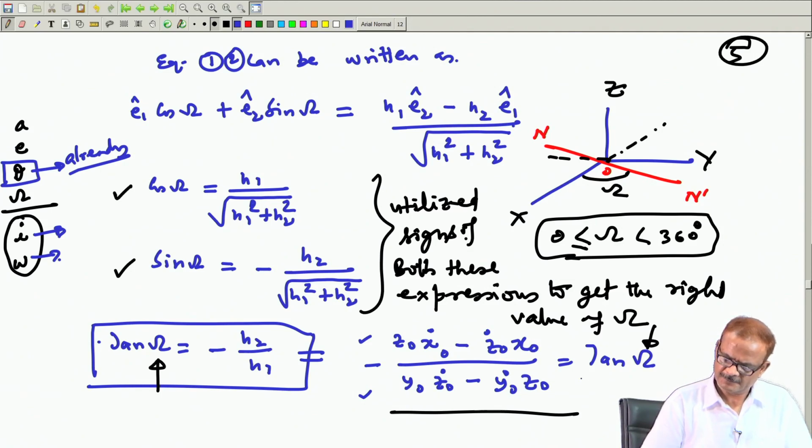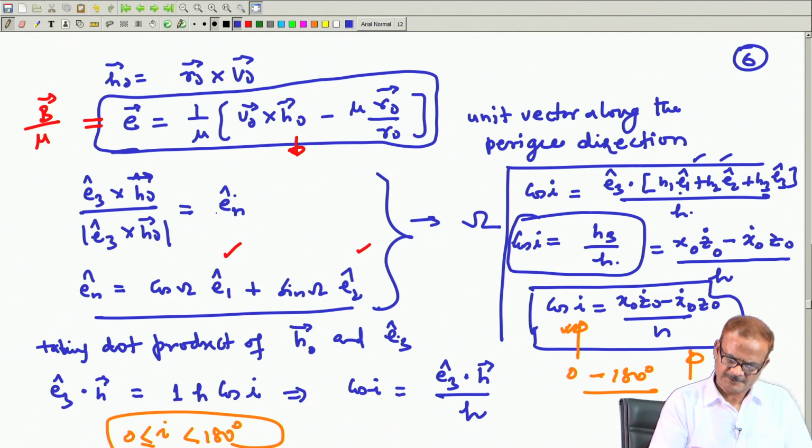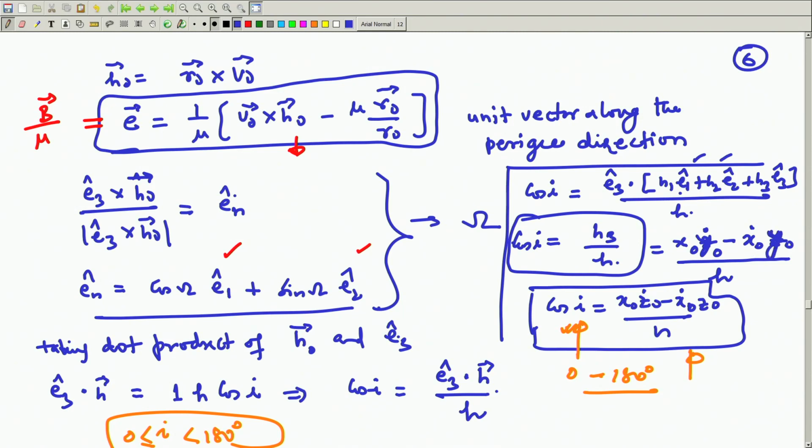Okay, so this is fine. Where is S 3 appearing? Here S 3 is appearing, so at this place we have to do the correction. This S 3 is x 0 y 0 dot minus x 0 dot times y 0. So, this is the correction required. I will note it down so that I can correct it later on.